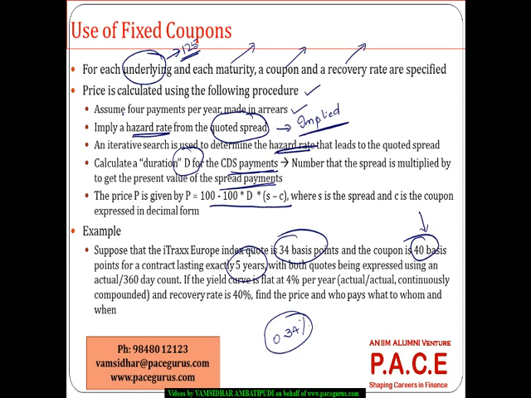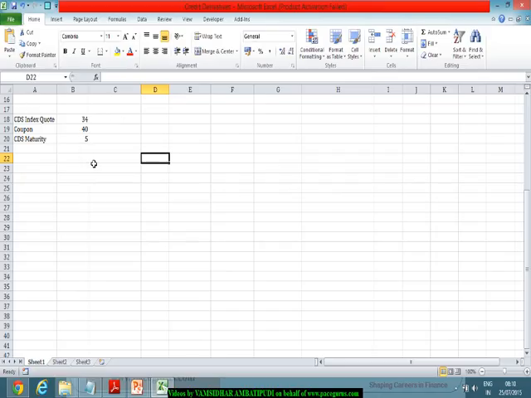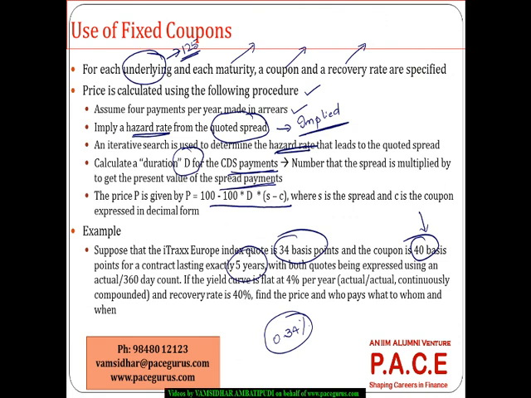Now these two values are based on actual by 360. So now let's look at this, 34 and 40 on an actual by 360 day count.